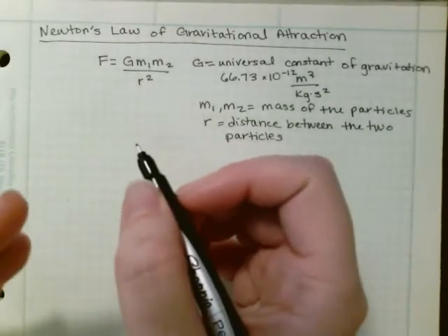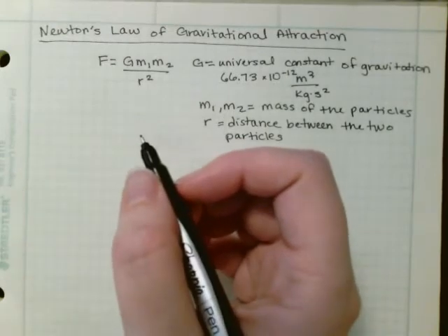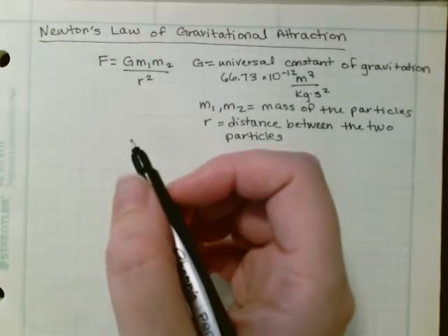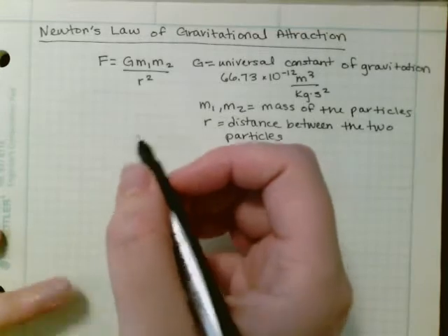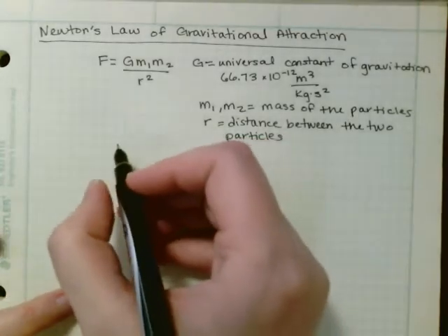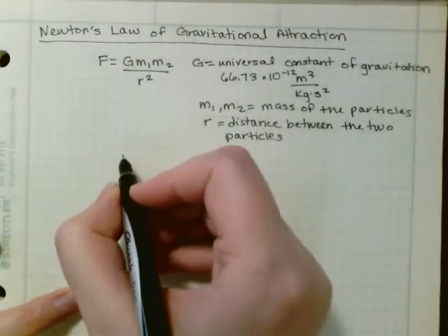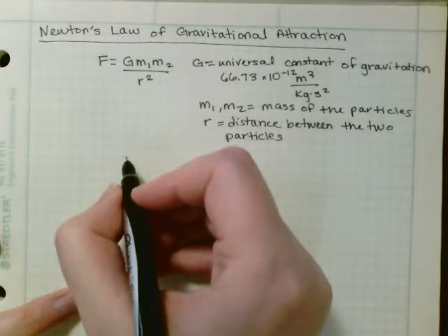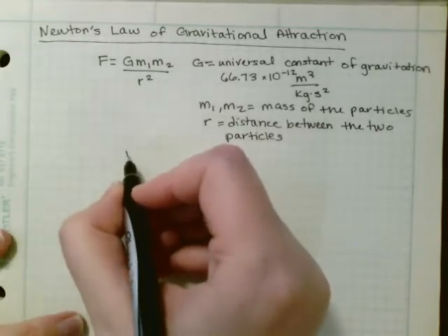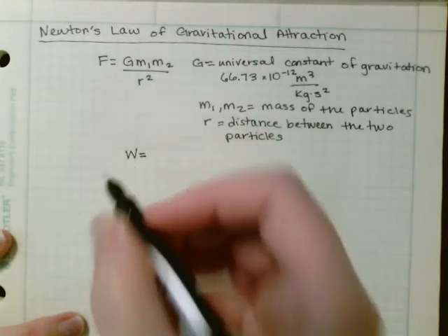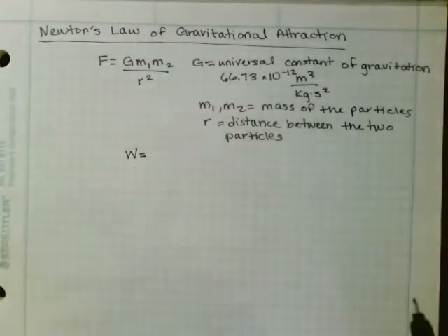So one place where we use this, the law of gravitational attraction, is in the weight of an object. So if we set the force of the weight of an object equal to W, so that's basically the force of Earth's gravitational field against some object.